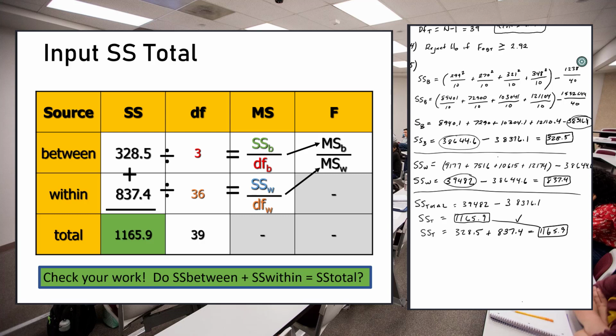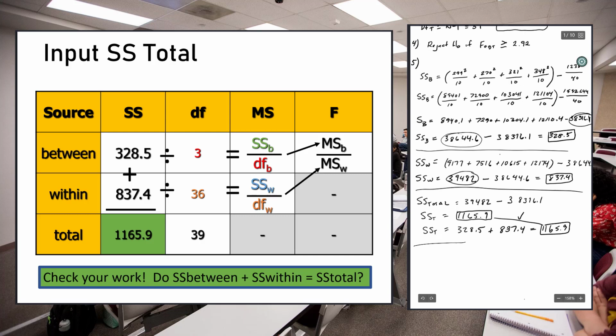So to do this, we simply plug in to the formula on the table. Mean square between is simply sum of squares between divided by its degrees of freedom. So mean square between is equal to 328.5 divided by 3, which is 109.5.